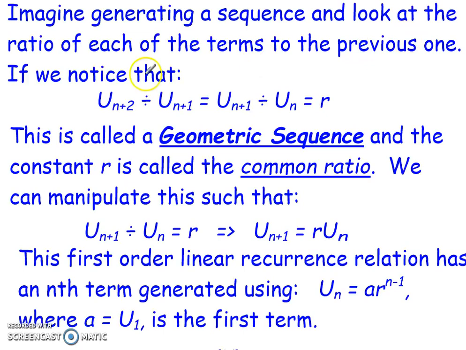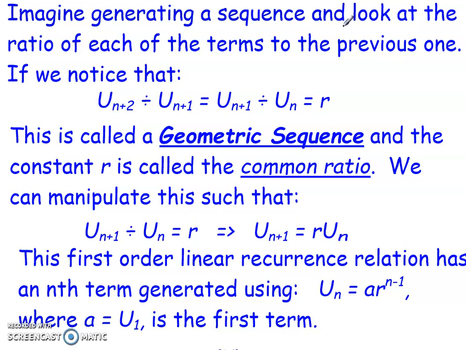But how do we determine what this sequence looks like, and how do we determine what we're multiplying by each time? Well, let's imagine that we generate a sequence, and we look at the ratio of each of the terms to the term previous to it.